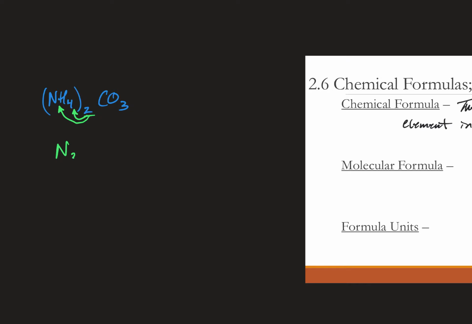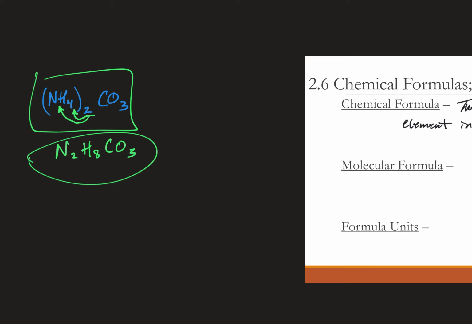So in reality, it's N2H8CO3. There's 1 carbon and 3 oxygens there. So the parentheses matter. You've got to make sure that you're understanding what it is saying. So this would be the true chemical formula simplified to (NH4)2CO3. That tells you there's 2 NH4 groups.